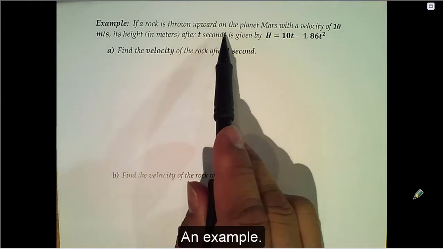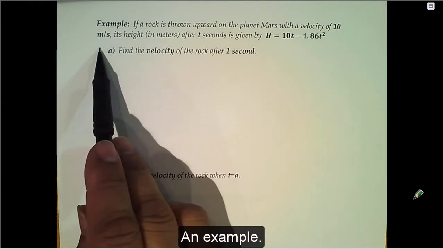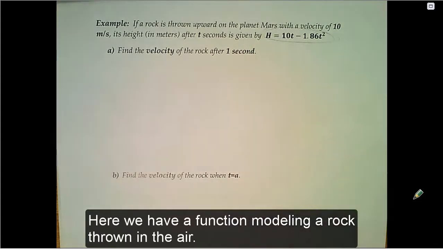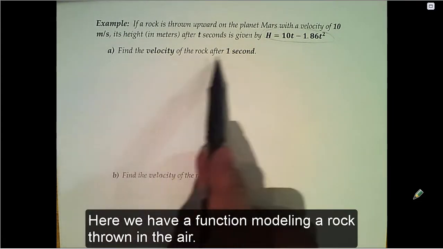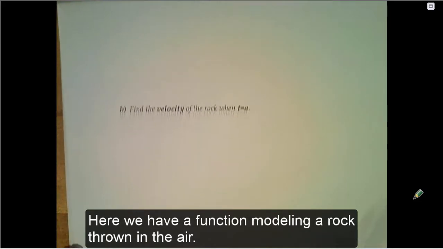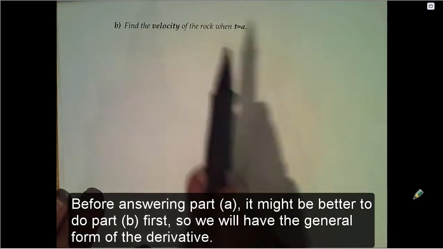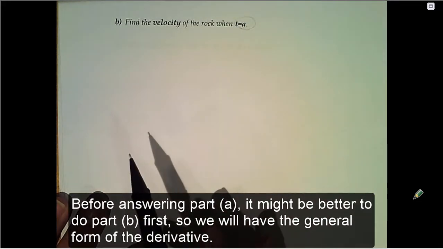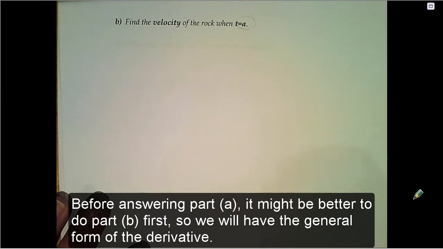An example. Here we have a function modeling a rock thrown in the air. Before answering part A, it might be better to do part B first, so we will have the general form of the derivative.